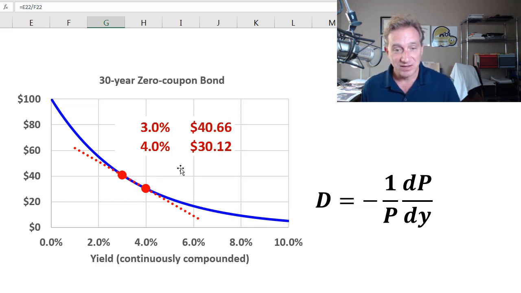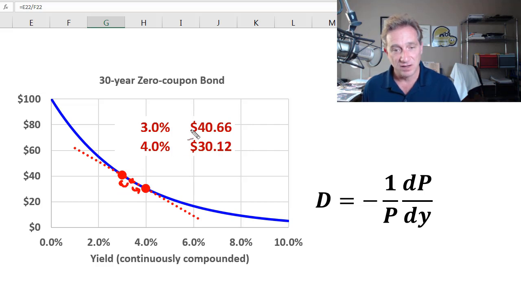So in my example here, now to put numbers on that, let's say I want the modified duration at 3.5%, so I go down 50 basis points and up 50 basis points, down to 3%, up to 4%.